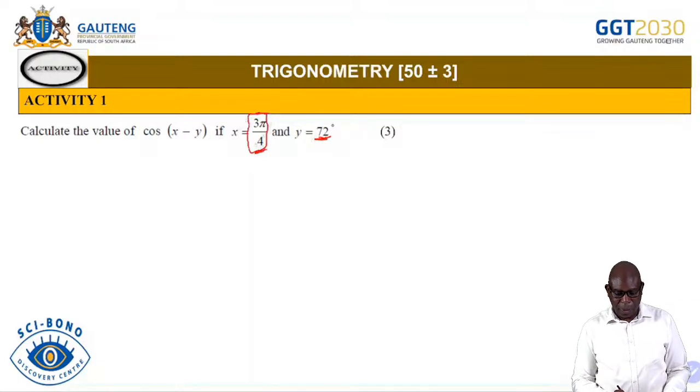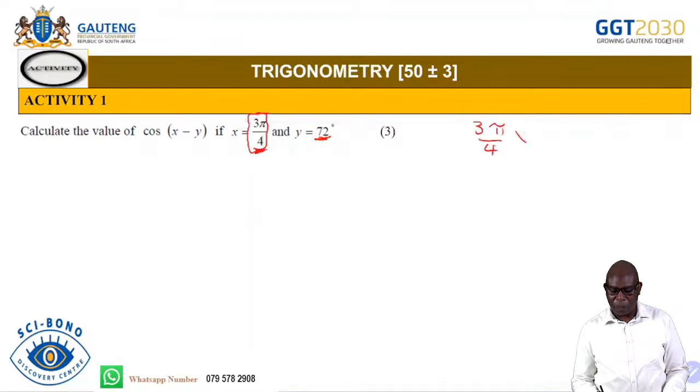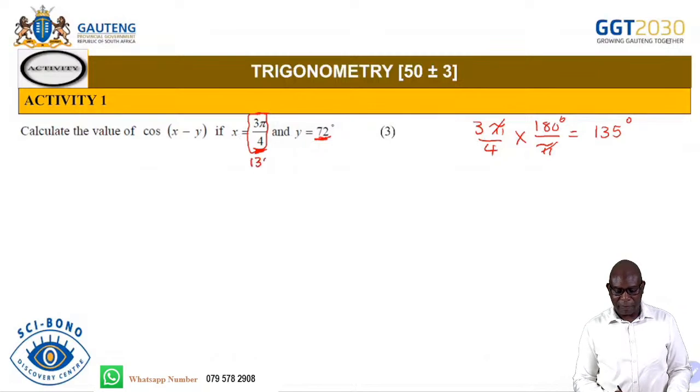So how do I change 3 pi over 4 to degrees? Remember the formula I showed you: multiply by 180 degrees over pi. The pi and the pi cancel out. If I use my calculator, I get 135 degrees. So x will be 135 degrees, and I've got 72 degrees.